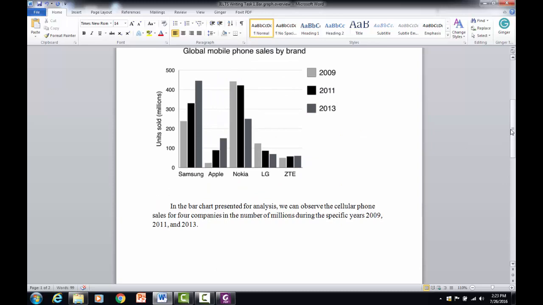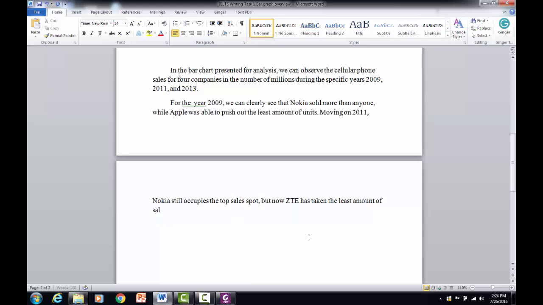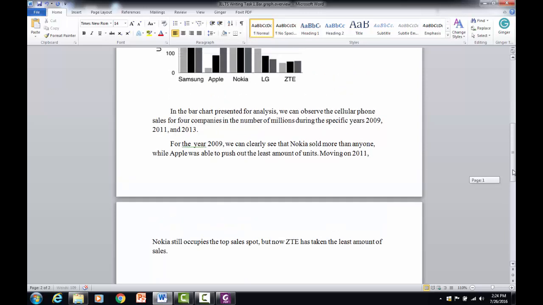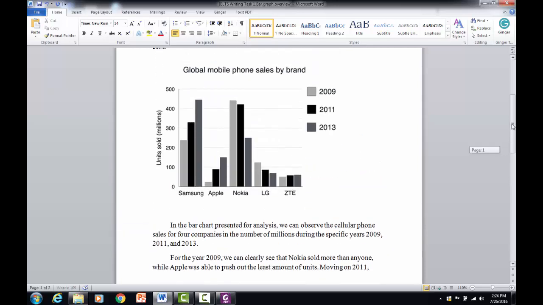But now we can see that for 2011, the black line, the ZTE, is at the bottom. ZTE has taken over the least amount of sales, right? That's our 2011.